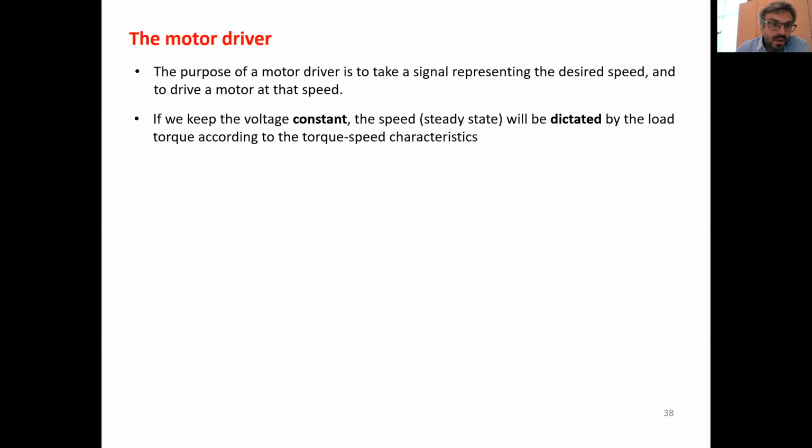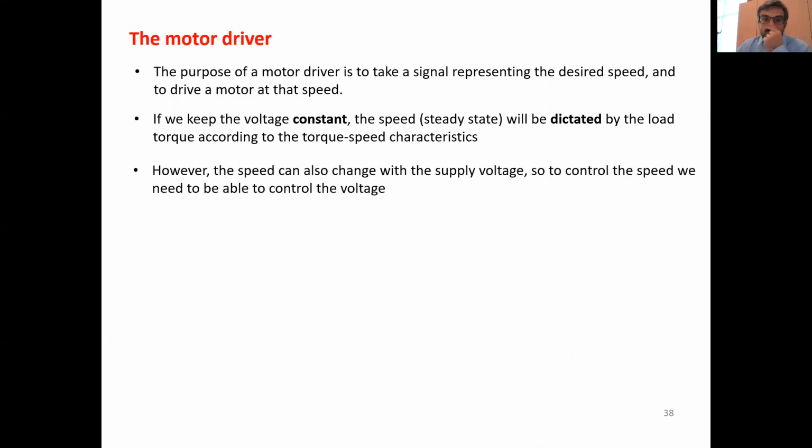And so we said that if we keep the voltage constant, the steady state speed is dictated by the load torque according to the torque speed characteristic. But if you want to change the speed, we can also change the supply voltage.